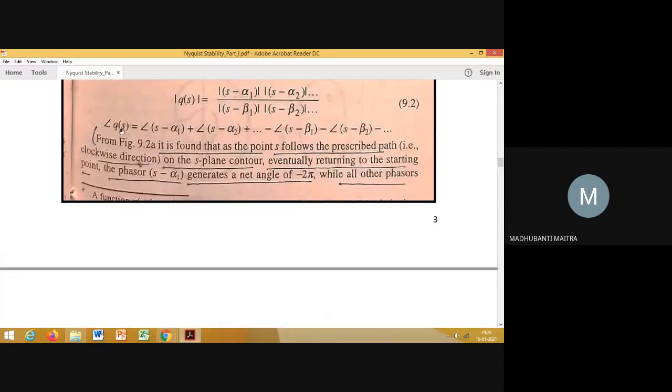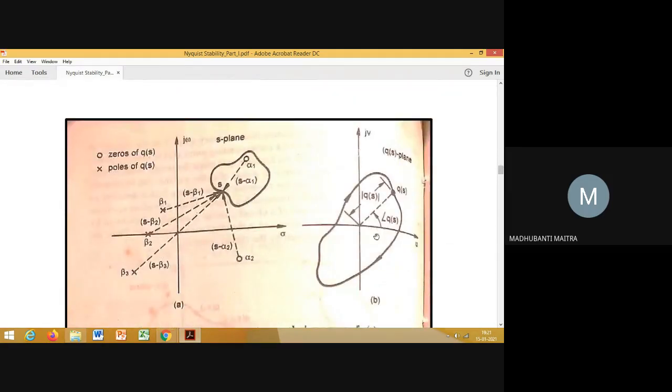Now, since the net change in the phase angle of this QS phasor is equal to minus 2 pi, and since it's a closed contour, on the QS plane we are going to get a closed contour. This is the QS phasor on the QS plane. And since delta QS is equal to minus 2 pi, this QS phasor will rotate like this.